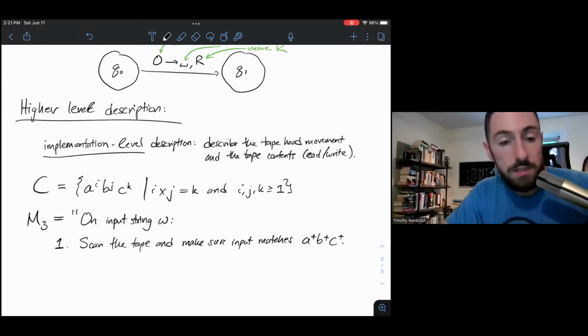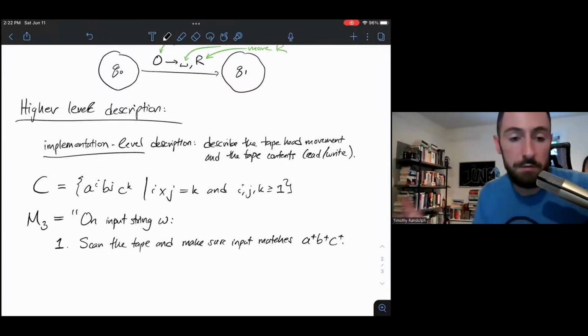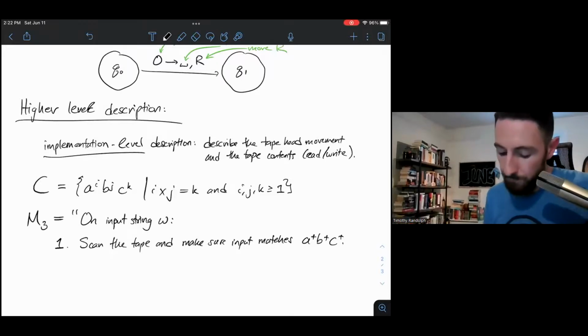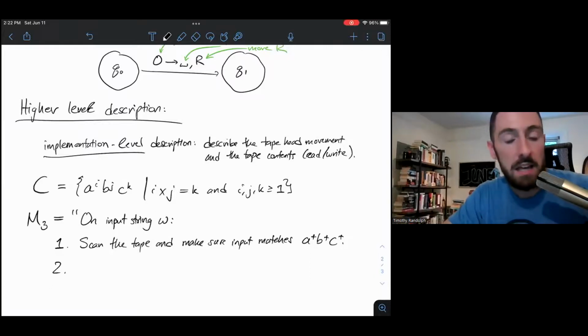So all strings in my language match this pattern, and this pattern is a regular expression. So I certainly know my Turing machine can do this because a DFA can check if a string matches a regular expression. So it's definitely going to be possible, even without writing, to just go along the tape from left to right and do my normal regular expression recognition procedure to check if my input matches a+b+c+. And now that I know that, I can move my tape head back to the left and start counting A's, B's, and C's.